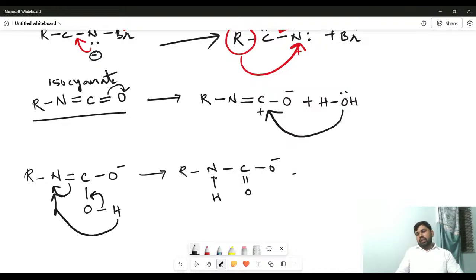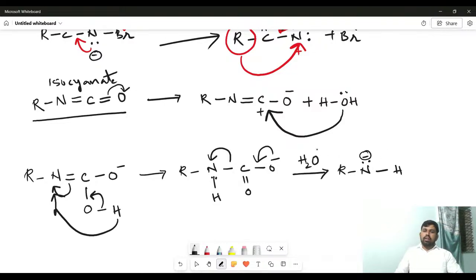Later, after addition of water, we are going to add water here. Now this will be shifted here, and this will be shifted over the nitrogen, so it forms R, nitrogen having electrons here, carrying a negative charge.